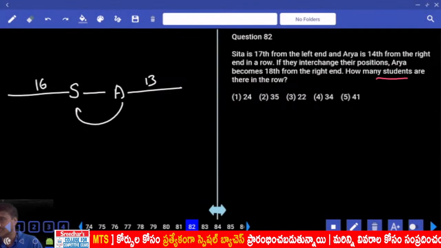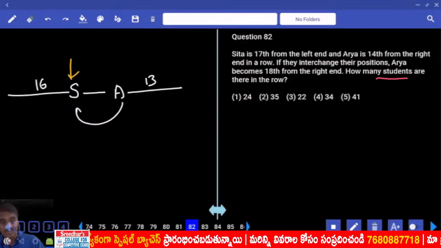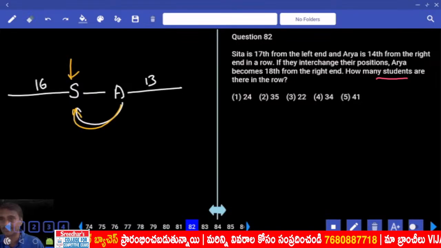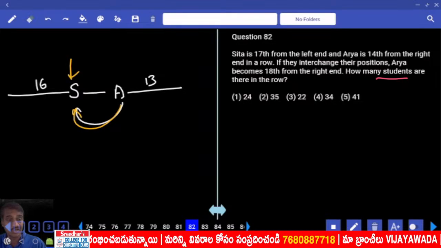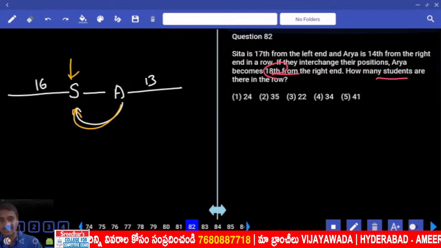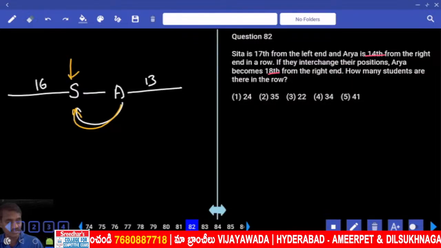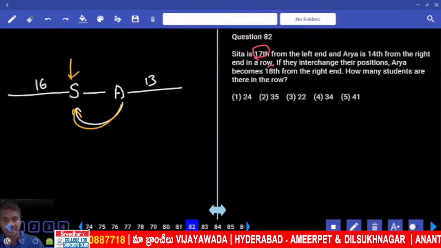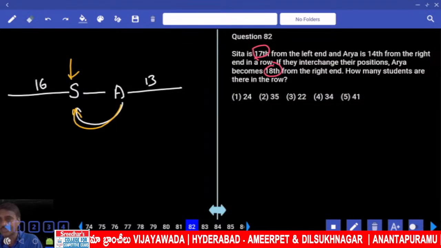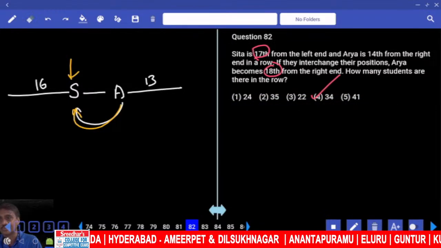Total number of students. Initially what is given? Sita from the left hand side. Then Arya is coming to the place of Sita. Now Arya's right hand side is nothing but Sita's right hand side. And what is the position here? 18. Now what is the first number? 14. And this is 17. Now first one is 17 and this is 18. 17 plus 18, 35 minus 1, 34 total number.